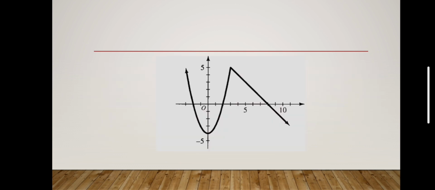So we have now here the graph of our piecewise function. As we can see, it is decreasing in the interval negative infinity to 0, it increases in the interval 0 to 3, and it decreases again on the interval 3 to positive infinity. So as noted in the table previously, we have a relative minimum value at x equals 0.